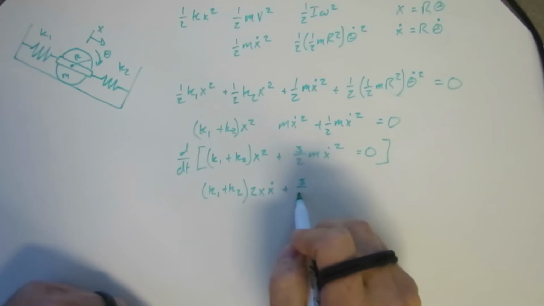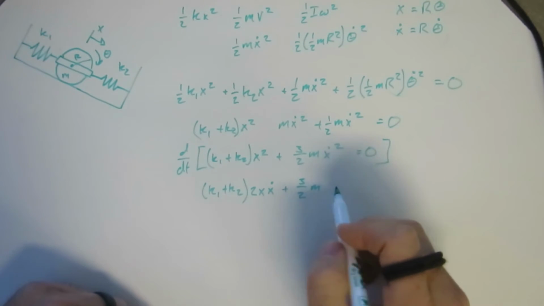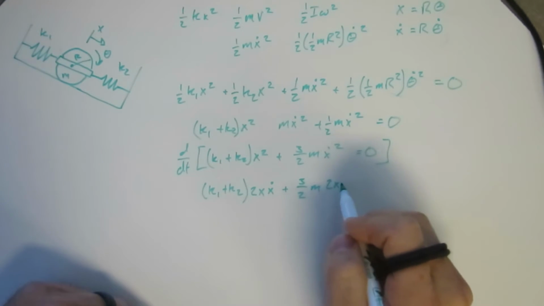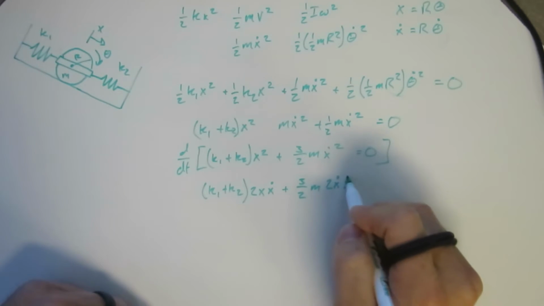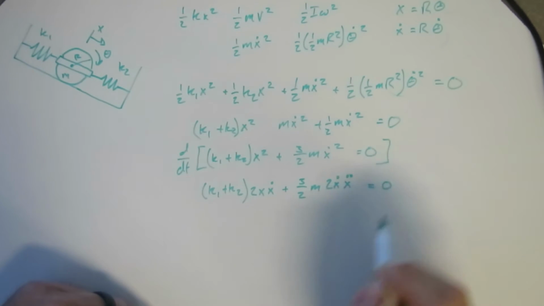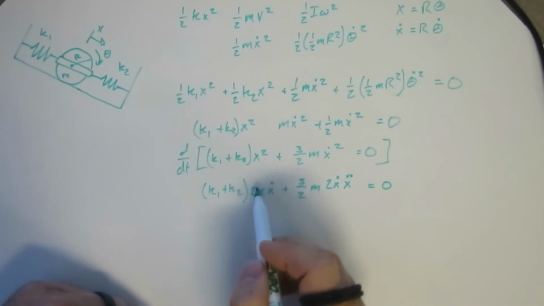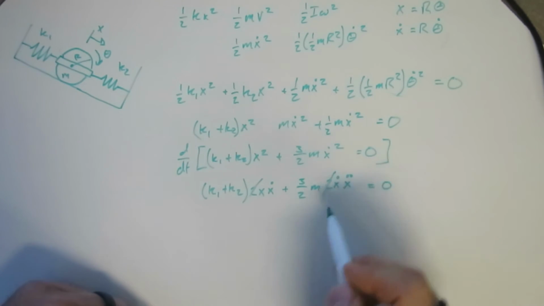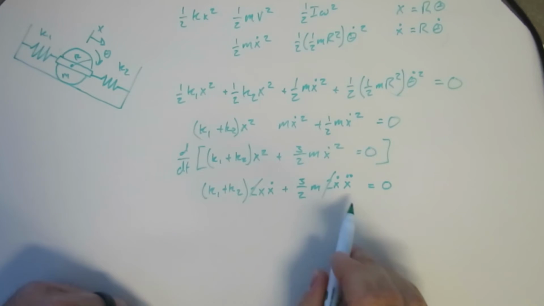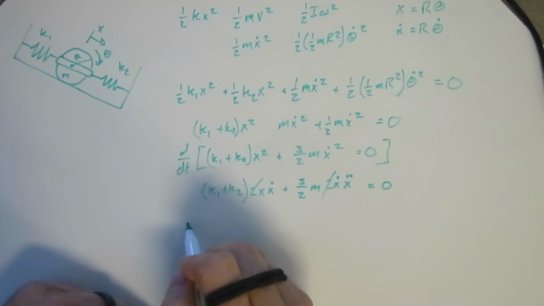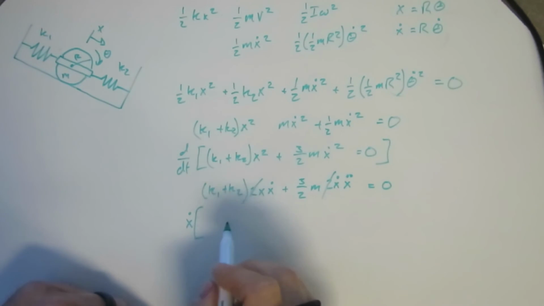Plus take the derivative with respect to x dot multiplied by the derivative of x dot with respect to t. This is 0. Once again, we can get rid of some 2's by dividing everything by 2. And then I'm going to pull the x dot out front, since it appears in both terms in our equation.